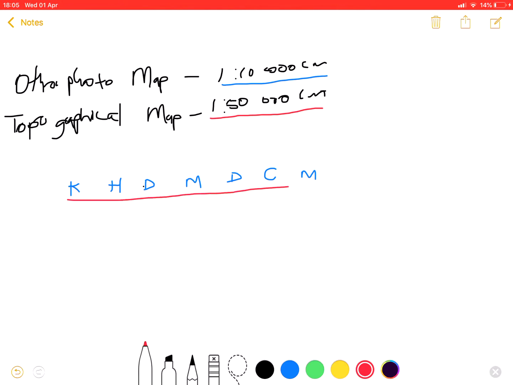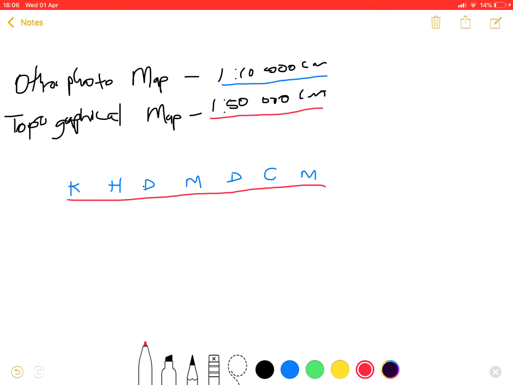This method is going to assist you when doing conversion. So for you not to forget this method, I would prefer you to study it thoroughly, because it's K, H, D, A, M, D, C, M.